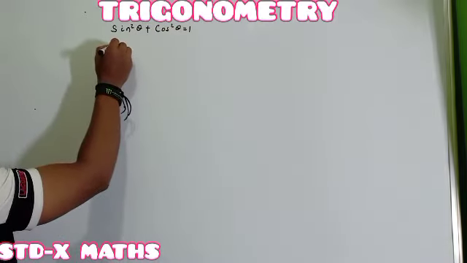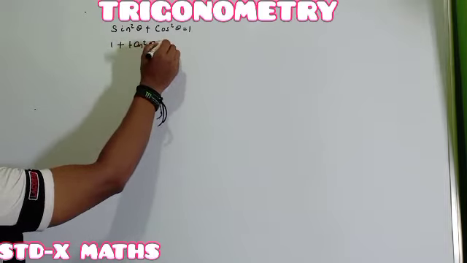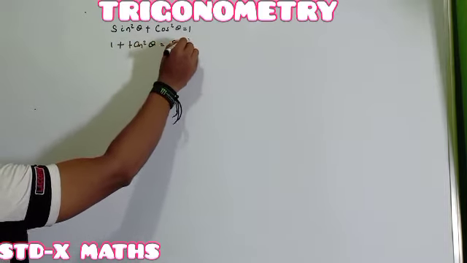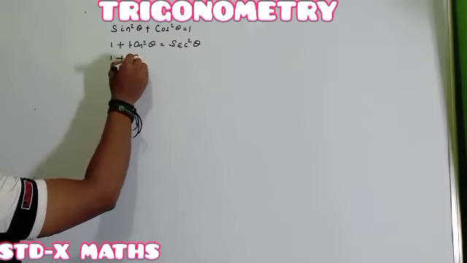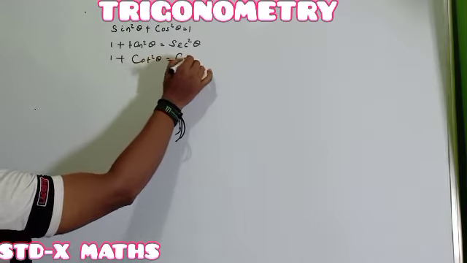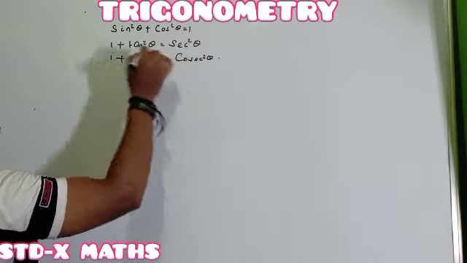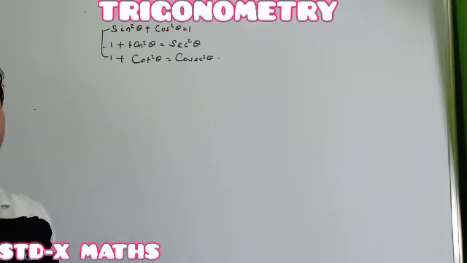Next, 1 plus tan square theta is sec square theta. Next, 1 plus cot square theta is cosec square theta. So these are the 3 trigonometric identities we have already taught you.